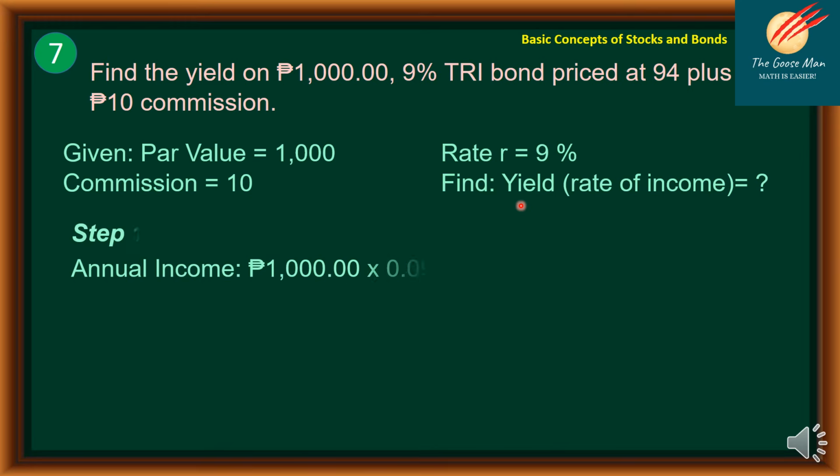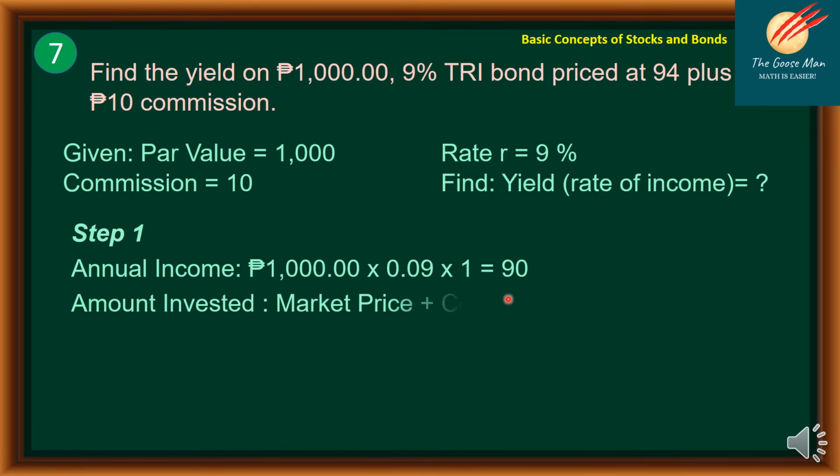So let's have our step number 1. We have the annual income. So we have 1,000 times the rate times 1 year. That is 1,000 pesos times 9%, or 0.09, times 1, which is equal to 90. Next, the amount invested is actually the market price plus the commission.